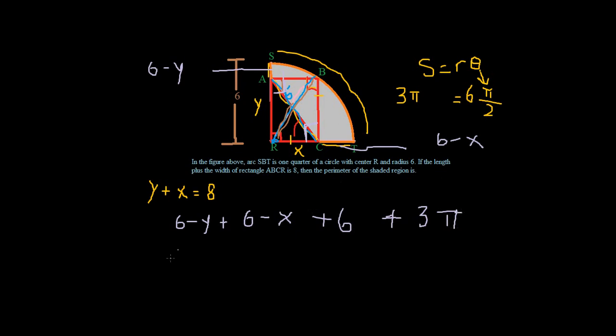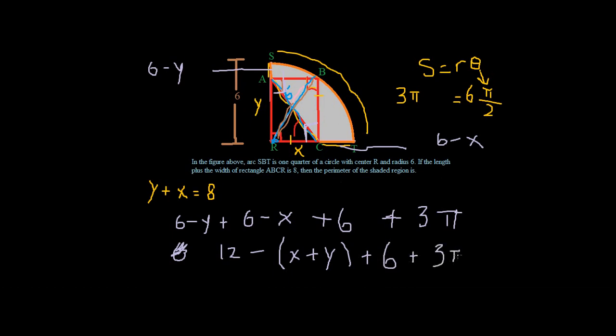So we could simplify this as 12 plus 12 minus x plus y, plus 6 plus 3 pi.